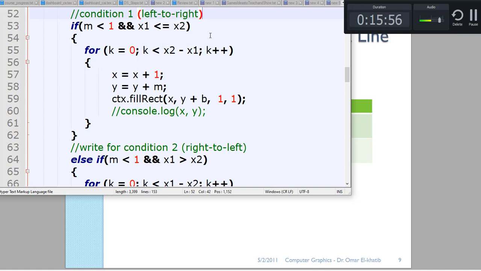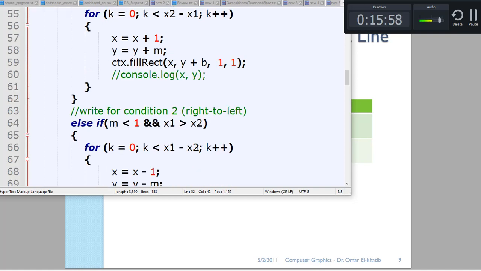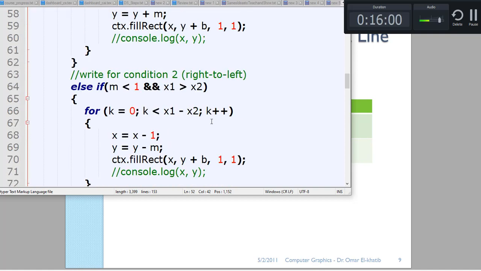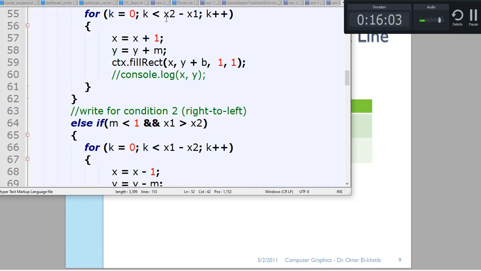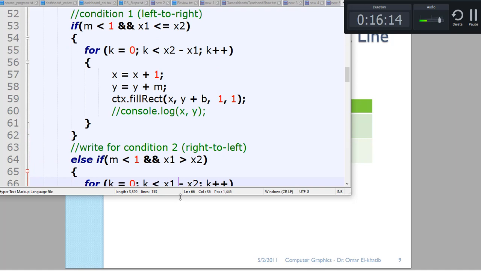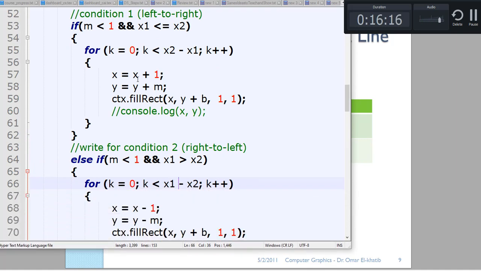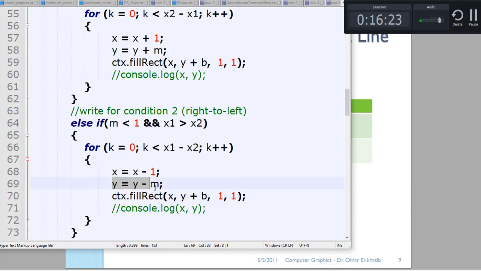So when we go right to left, we change this. Instead of x2 minus x1, we make it x1 minus x2, because x1 is greater than x2 now. Before, when we were going left to right, we did x is equal to x plus 1. But when we move from right to left, we say x is equal to x minus 1 and y is equal to y minus m. Okay, and we will draw the same point once again.